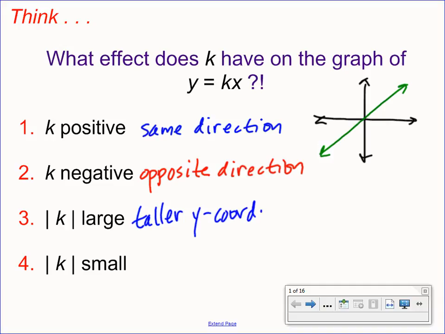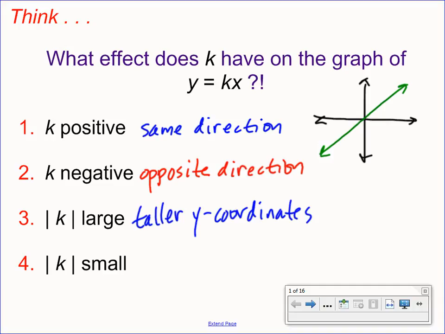What about the absolute value of k, meaning the multiplier could be positive or negative, but big, like 2, 3, or negative 3? Still taller y-coordinates, steeper line. And then the absolute value of k was small.